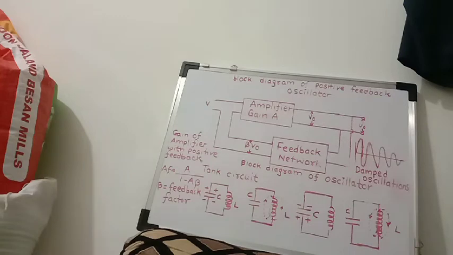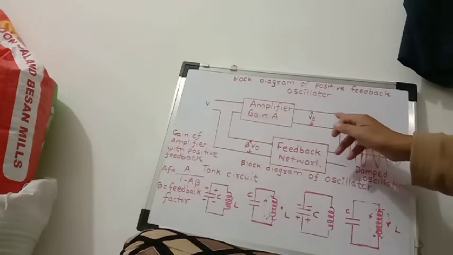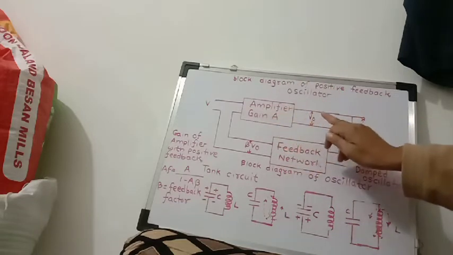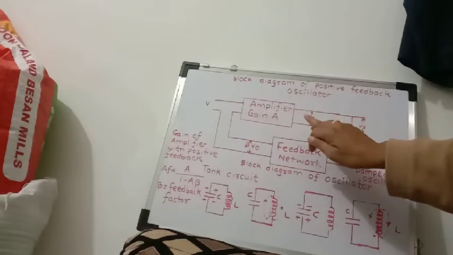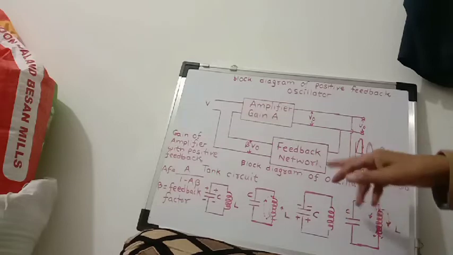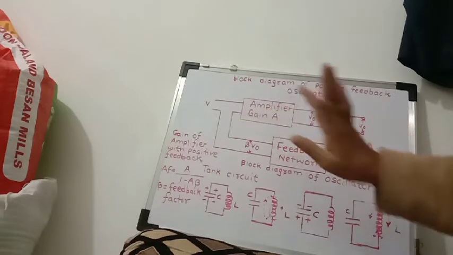It is called voltage gain. So the voltage gain without feedback is equal to VO upon VI.